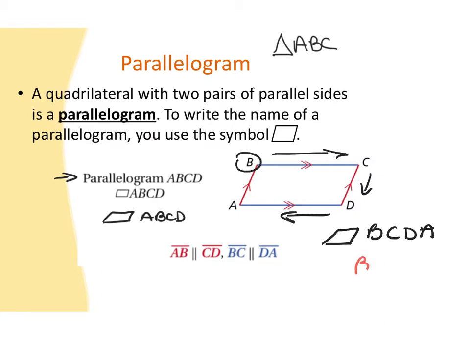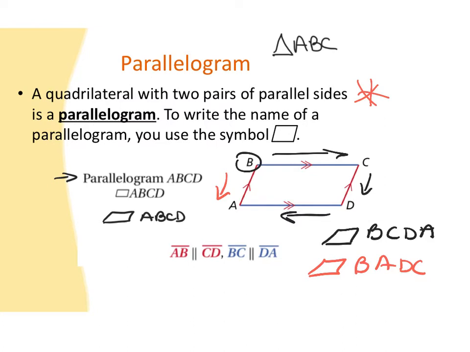I could call it B, A, D, C. Either way, or you could start with the letter C and just make sure you go in order around the sides of the parallelogram.